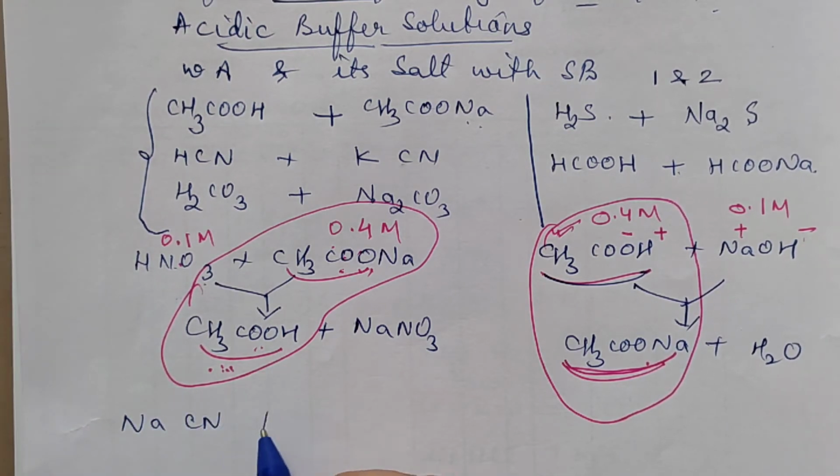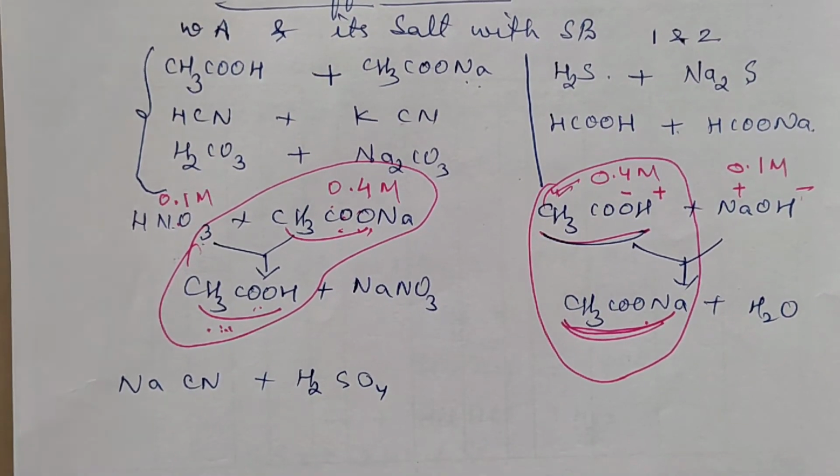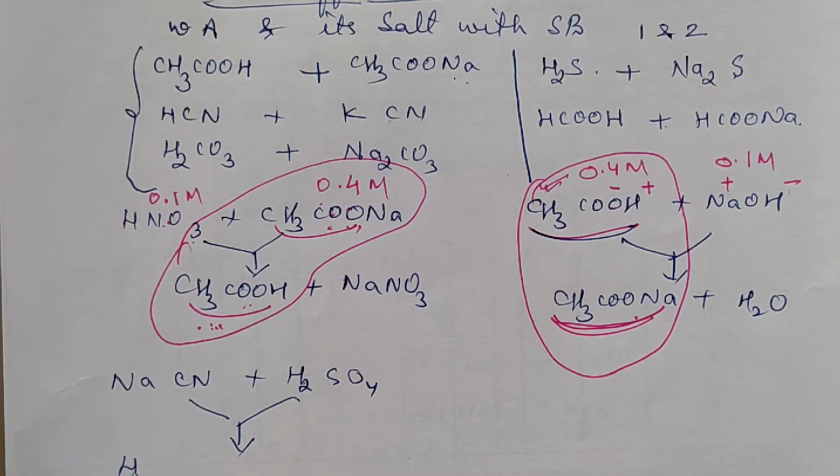Okay, let's take one more such example. Say NaCN and H2SO4. By looking at it, even this doesn't appear to be a buffer solution, but it is. See, the two will react and it is going to form HCN, one product. The other one is sodium sulfate.